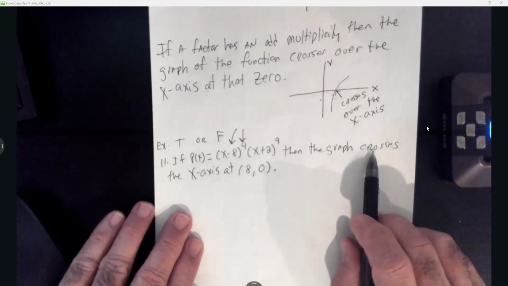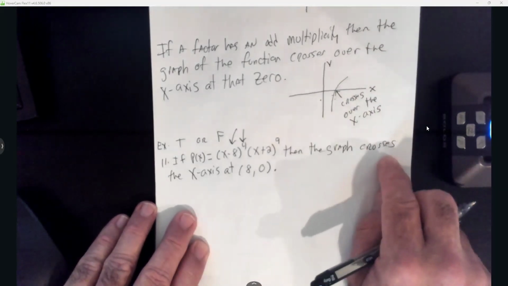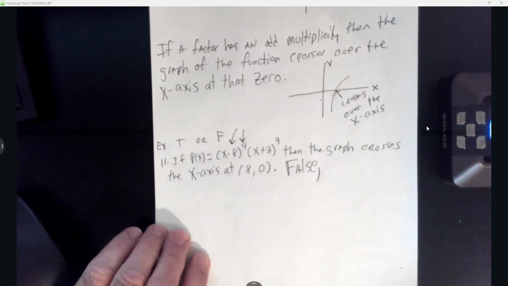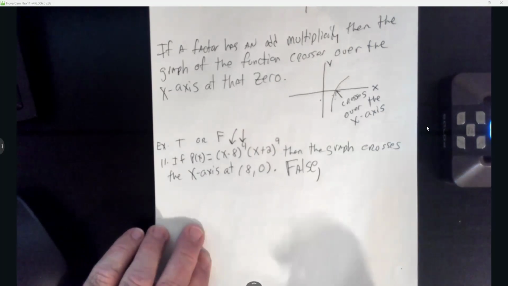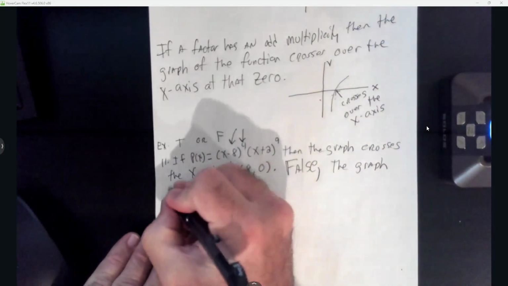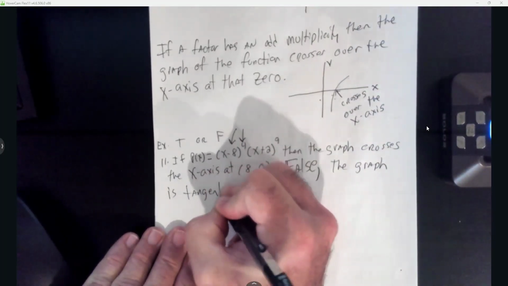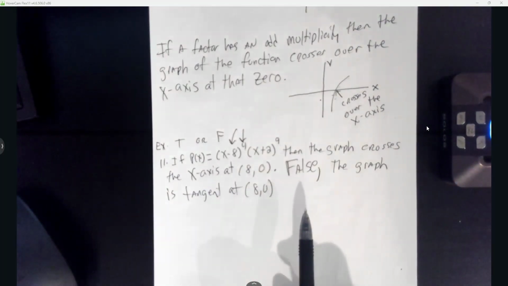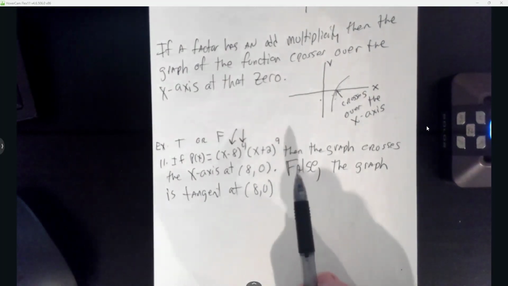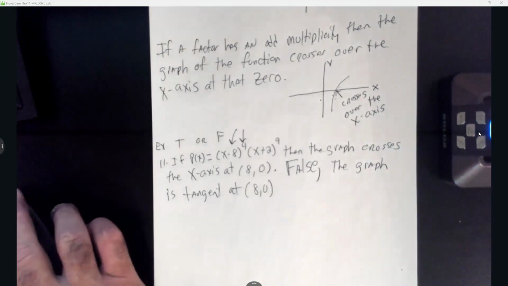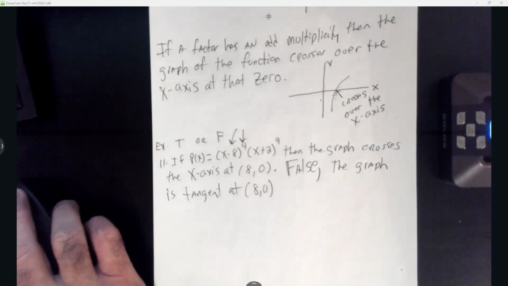Well, y'all, they're not saying tangent. They're saying it crosses. So since they're saying it's crossing, this is actually false. And you would say it's false because the graph is tangent at 8, 0. So they'll give you 4 answers. You have to look and see if it's false or true, and then why it's false or true, okay? So let me show you those for number 11 and 12, and that'll be the last 2 for this section.